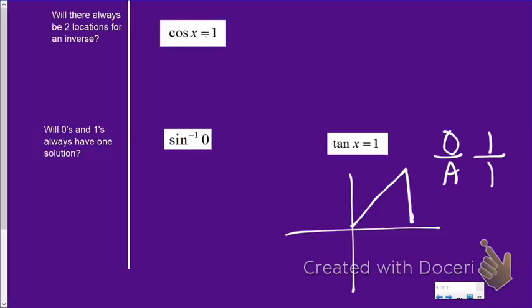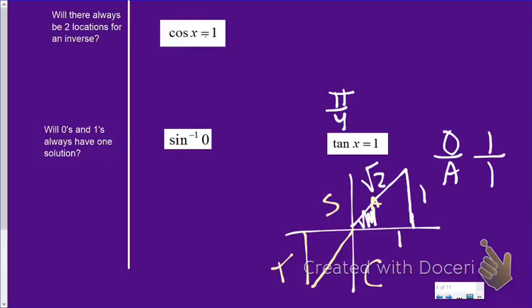Let's fill in our triangle. Again, I'm looking for where tangent is positive. Tangent is positive in quadrant 1, because they all are. That makes my reference angle 45, which is pi over 4. Then I also can look at quadrant 3, because all smarties take calculus.